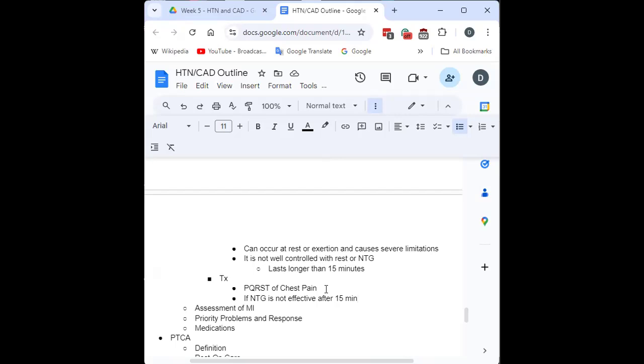And you should also probably be telling them to take some aspirin, because this is possibly a bigger issue. So just know that for unstable angina, if your first dose of nitroglycerin is not effective, they need to be seeking medical assistance, medical care.